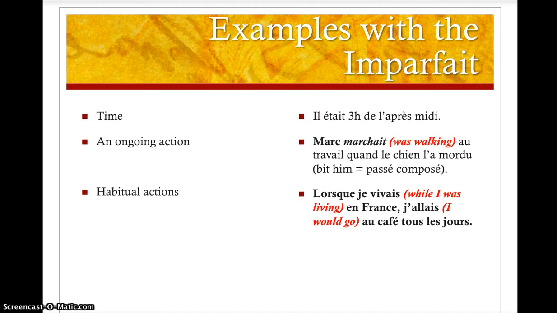Il était 3 heures de l'après-midi. An ongoing action, Marc marchait au travail quand le chien l'a mordu. He was walking. All right, I'm going to bring this up a little bit later. But right now, keep in mind, when you have that was-ing or were-ing, it's going to be normally the imparfait.